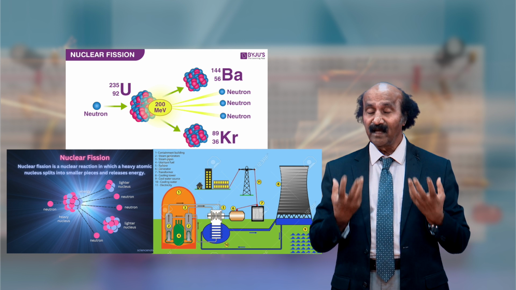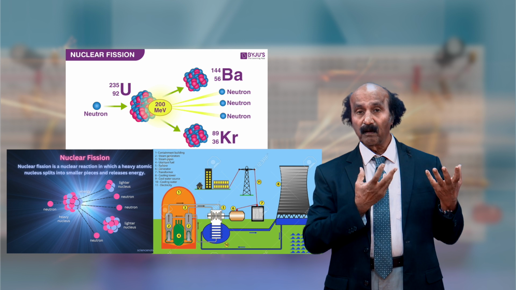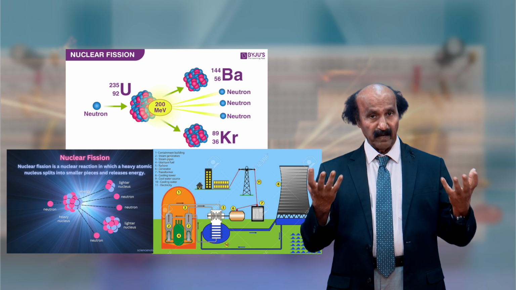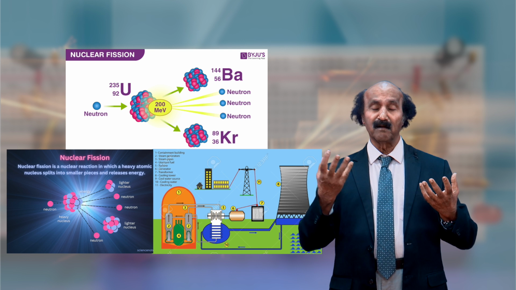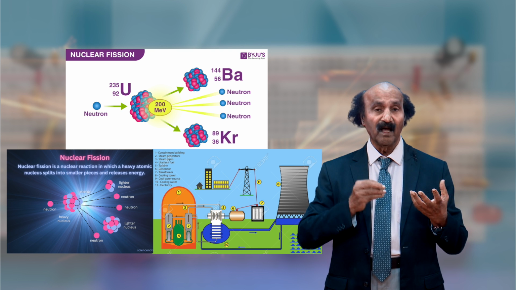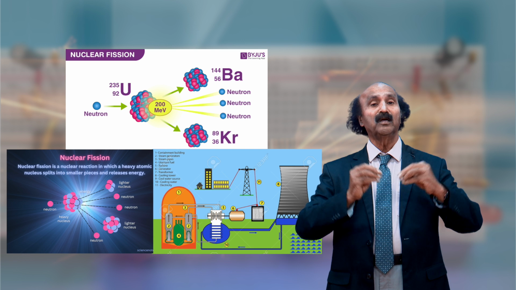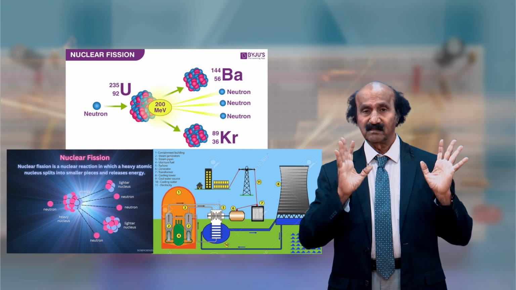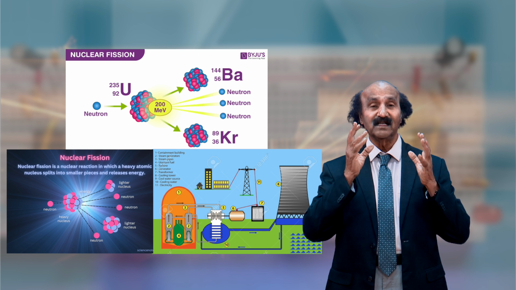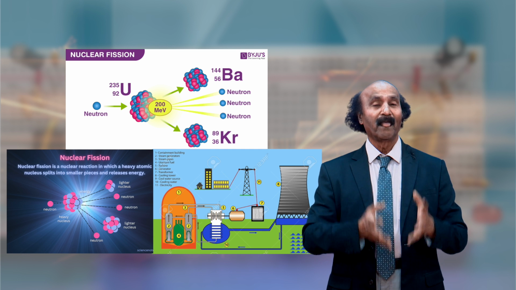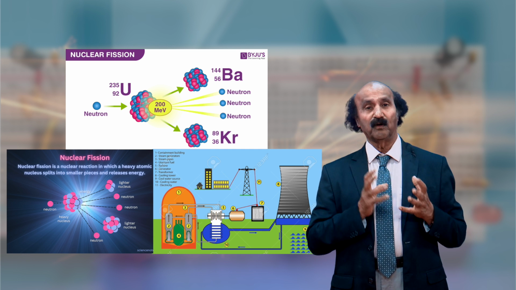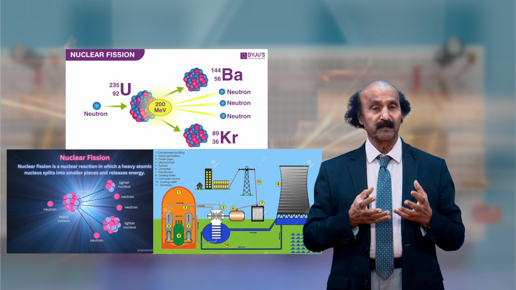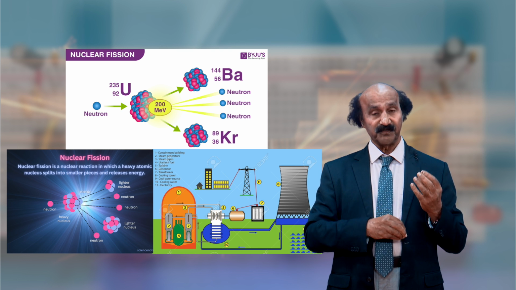It is something like what happens in a political party. A big party is there, some enemy comes in, somehow manages to go in, and he splits the party into two approximately equal smaller parties. In a similar fashion, this happens in the heavy atom also. When this happens, an enormous amount of energy is released.